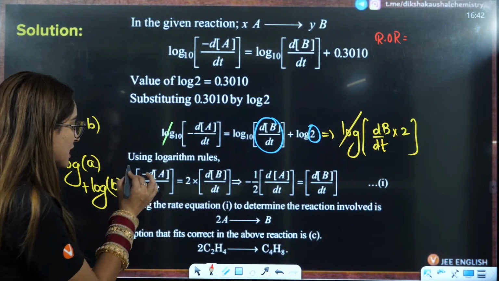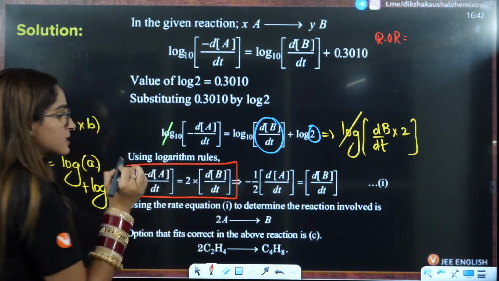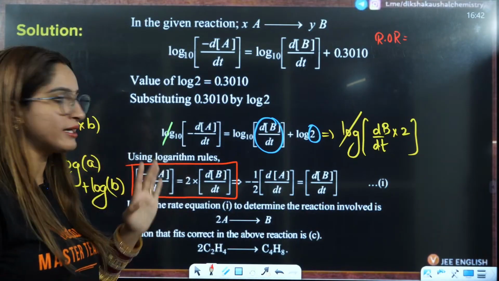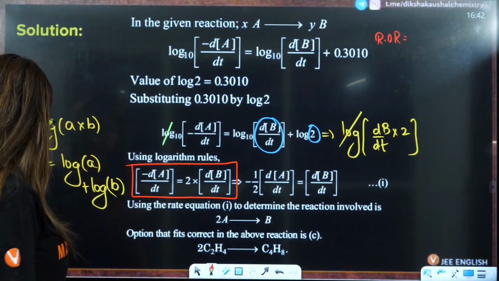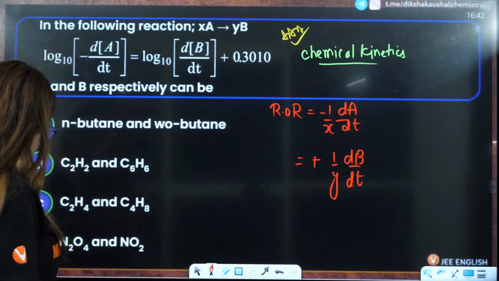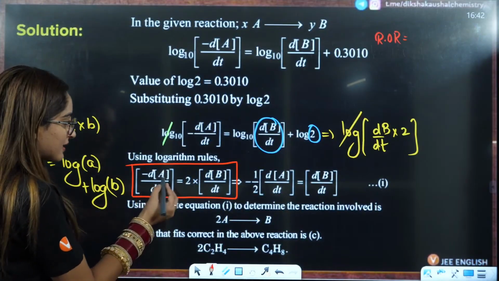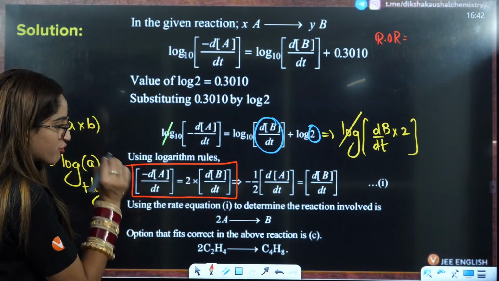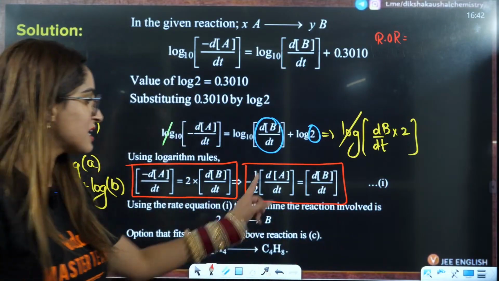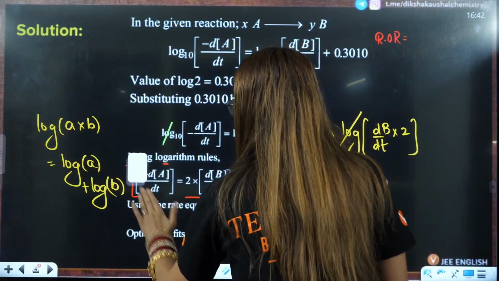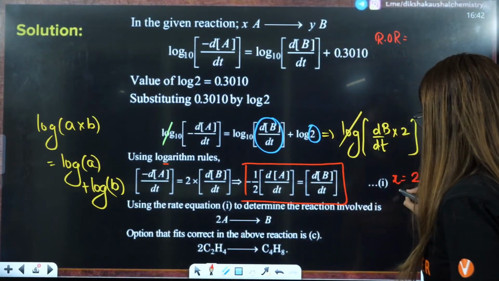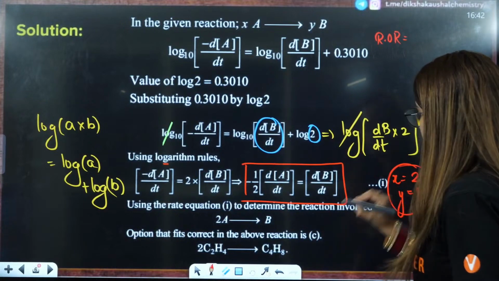Now, if you see this thing here, this 2 should not be in the numerator. Why? Because we are saying always the number of moles is divided here. So if I shift this 2 here, then I can say your x in the question is 2 and y in the question is 1.